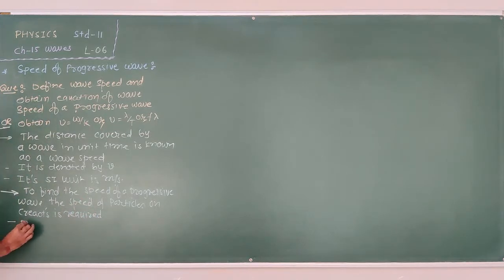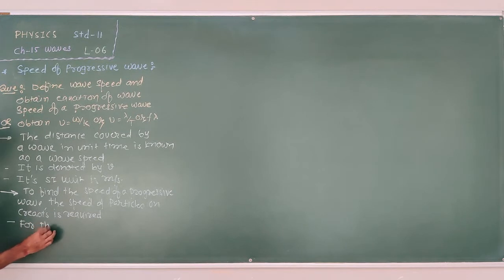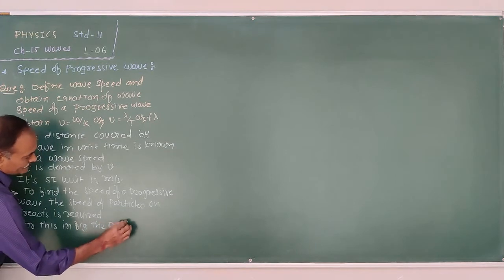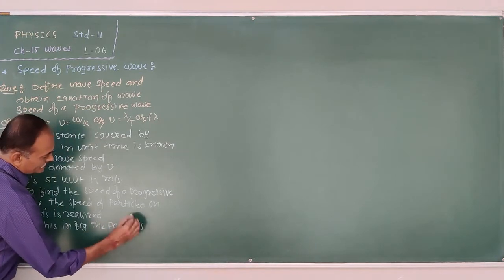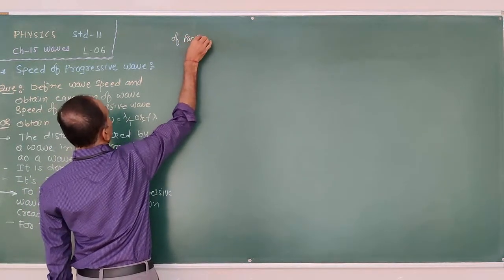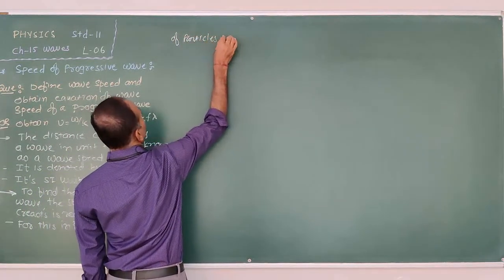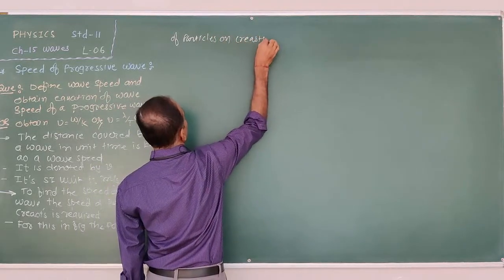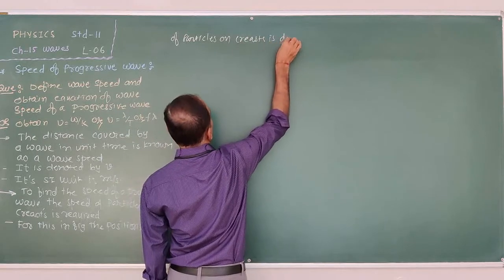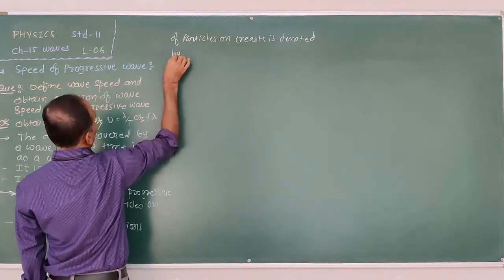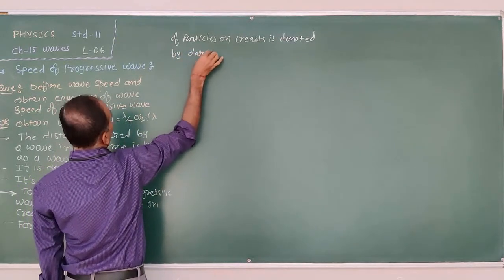In the figure, the position of particles on the crest is denoted by a dark circle.